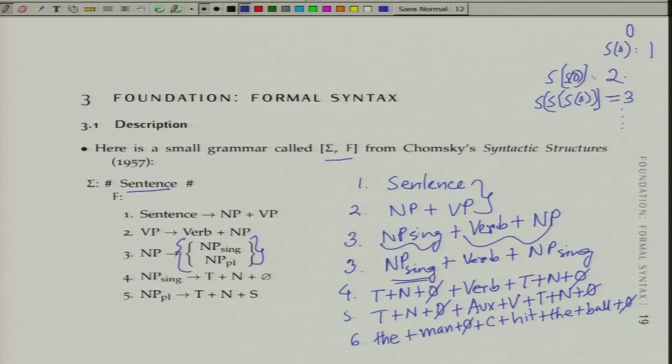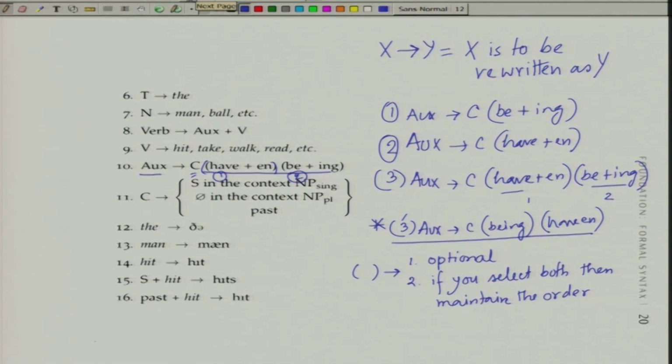At this level, I would like to distinguish between a word and its physical form. Why this is important? This is important for the following reason. A word is an abstract thing, but its physical representation, its realization is different.